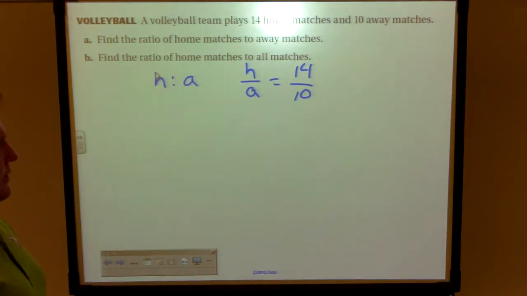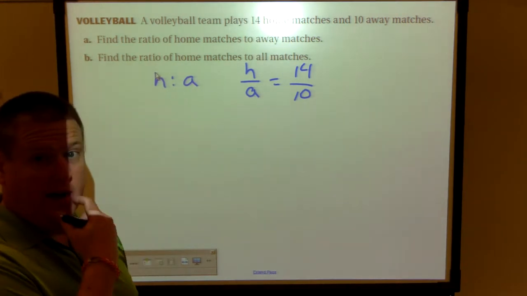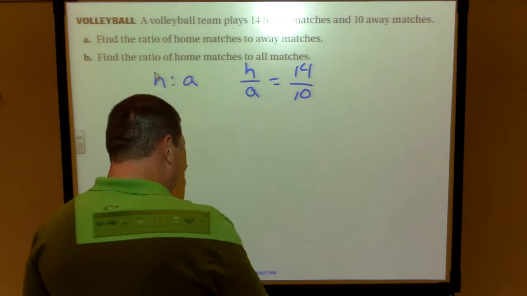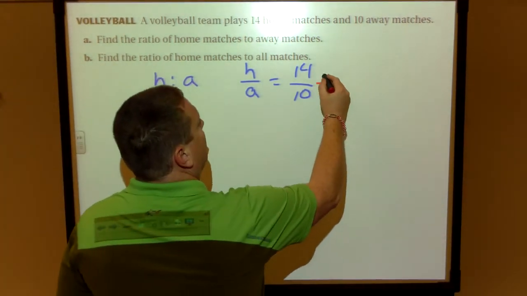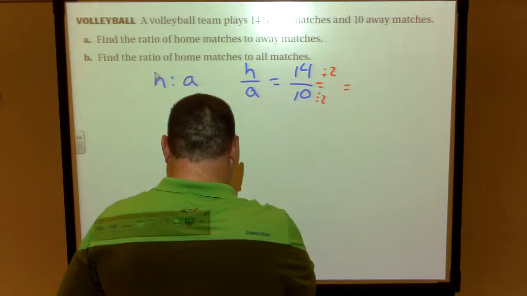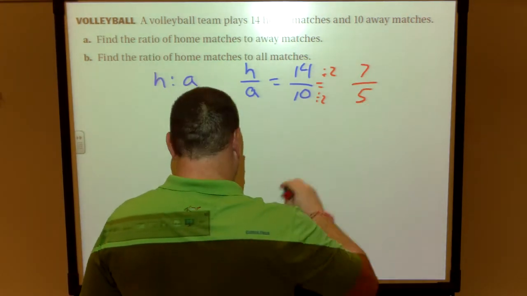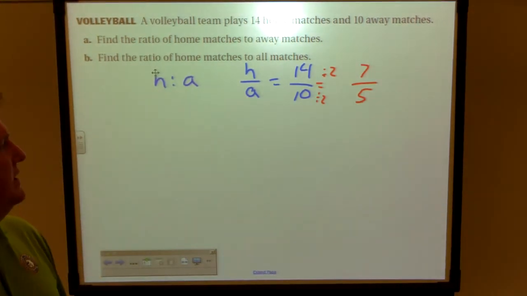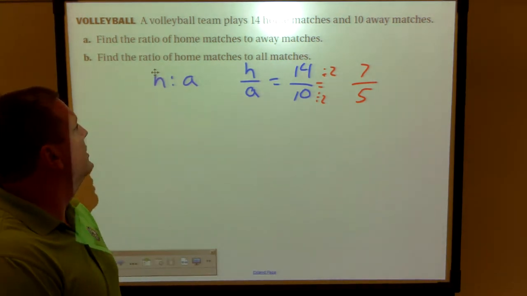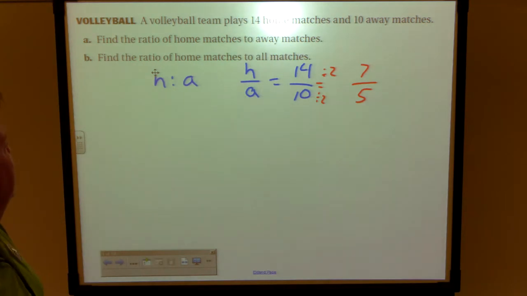And of course, the ratio is 14 to 10, home to away, but we should simplify it, just like a regular fraction. So we're going to divide by 2, divide by 2, and we end up with 7 to 5. We could say 14 to 10, but the simplified ratio is 7 to 5. 7 home matches to 5 away.